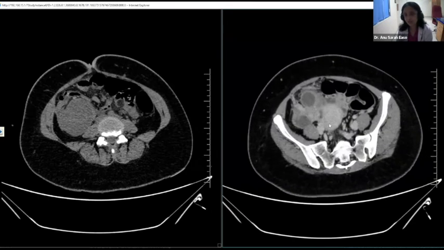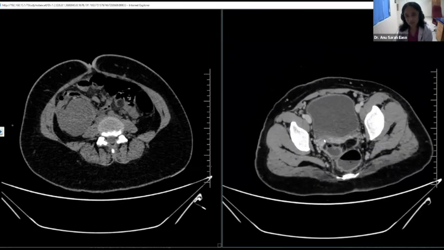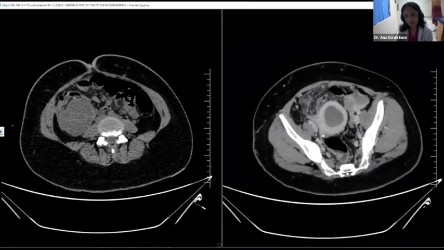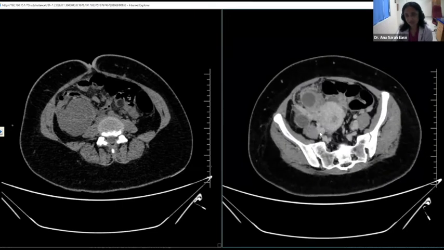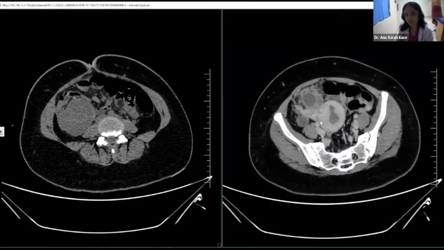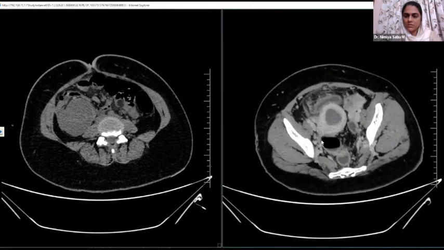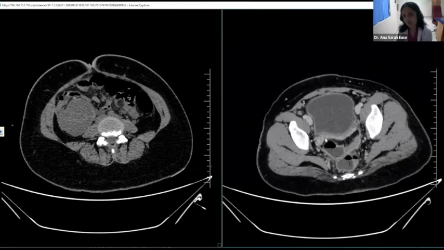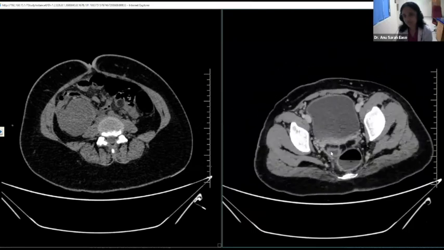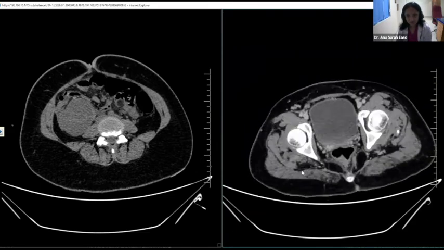But a probable uterine anomaly, a Mullerian anomaly, was also raised after the CT, with hematosalpinx and hematometra. And that was the final diagnosis which we gave. So we'll go on to the discussion of this case.